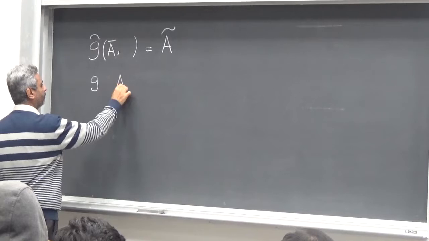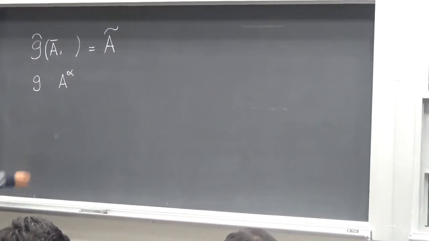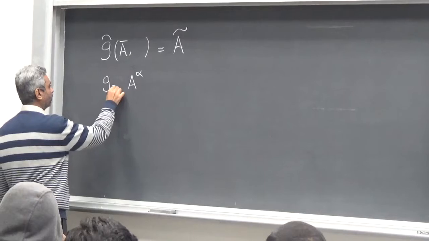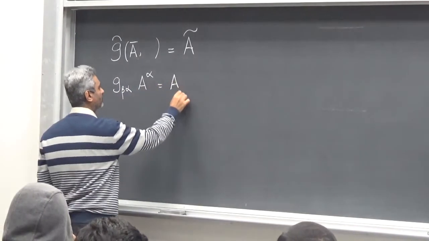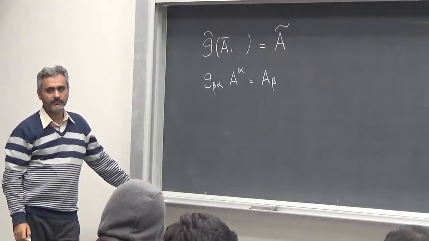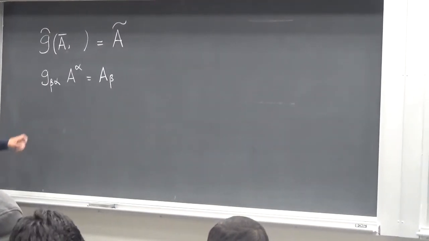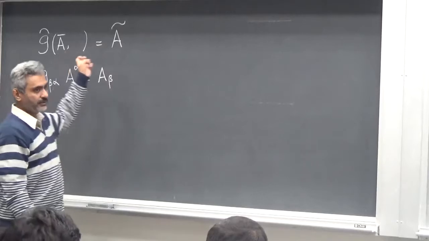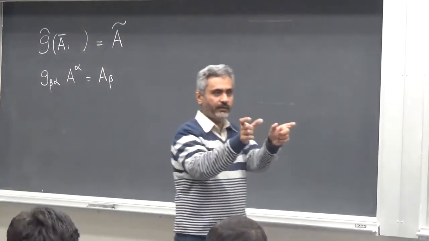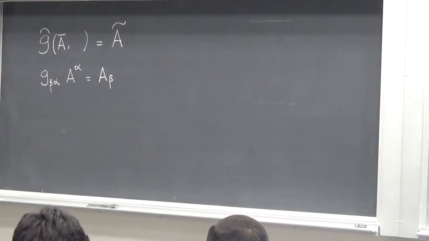Okay? So the corresponding equation in index notation is this: if you have the components of a vector, then this thing gives you the components of this one form. So if you have the metric, you can go back and forth between vectors and one forms. You can make a one-one correspondence between the space of vectors and the space of one forms.